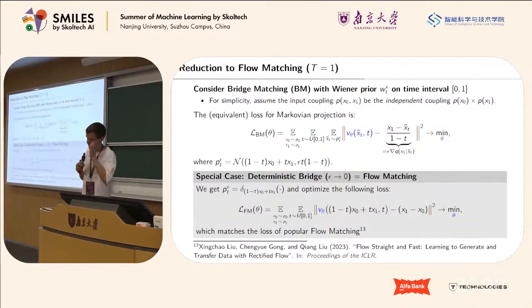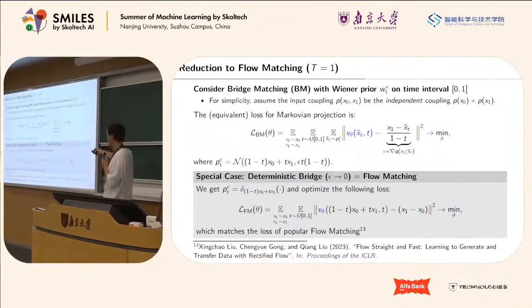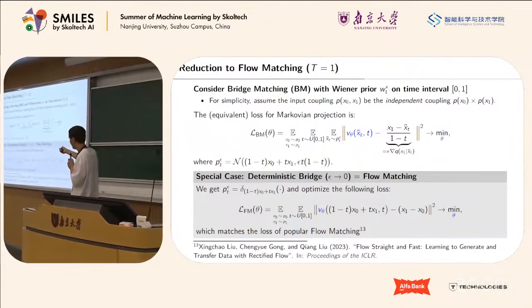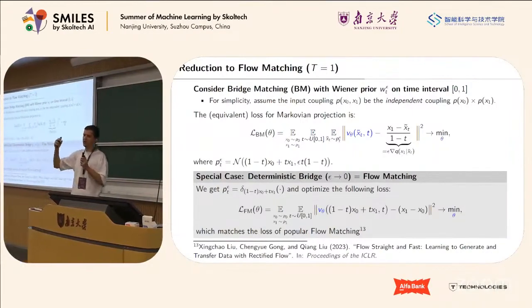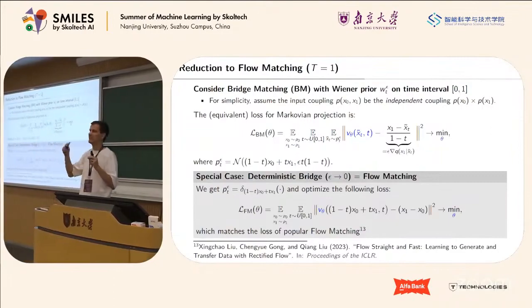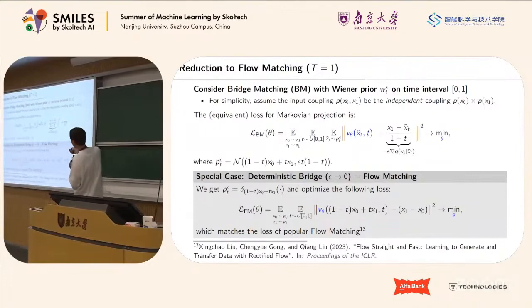If we take a closer look at this objective and consider epsilon, the variance of our Wiener process, converging to 0, so we kind of try to make everything deterministic, no randomness in some sense, then what will this mean? This will mean that we will sample our intermediate point just from a degenerate normal distribution.